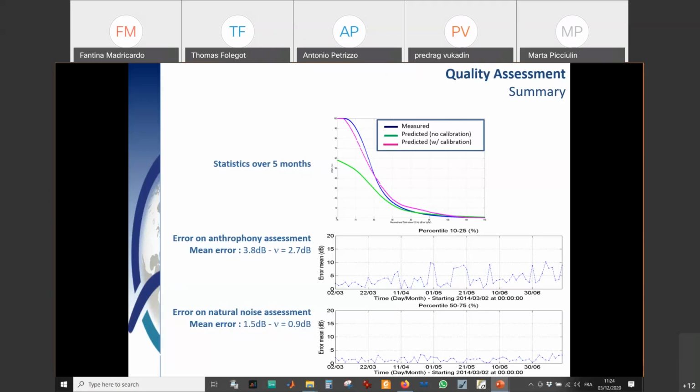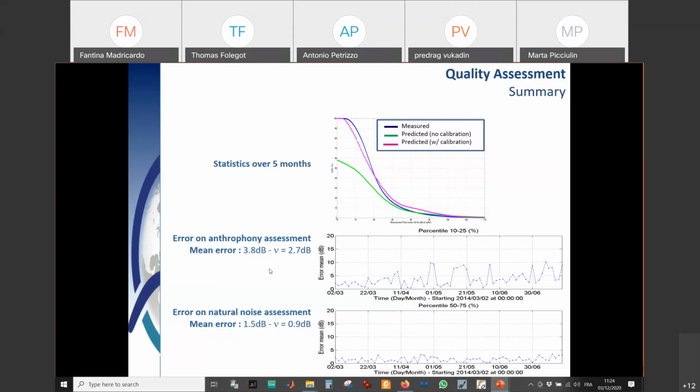And this is what we obtained for the period here, March to July. So we have 2 indicators of quality of the calibration. The first is how good we are at describing the anthropic component of the map.